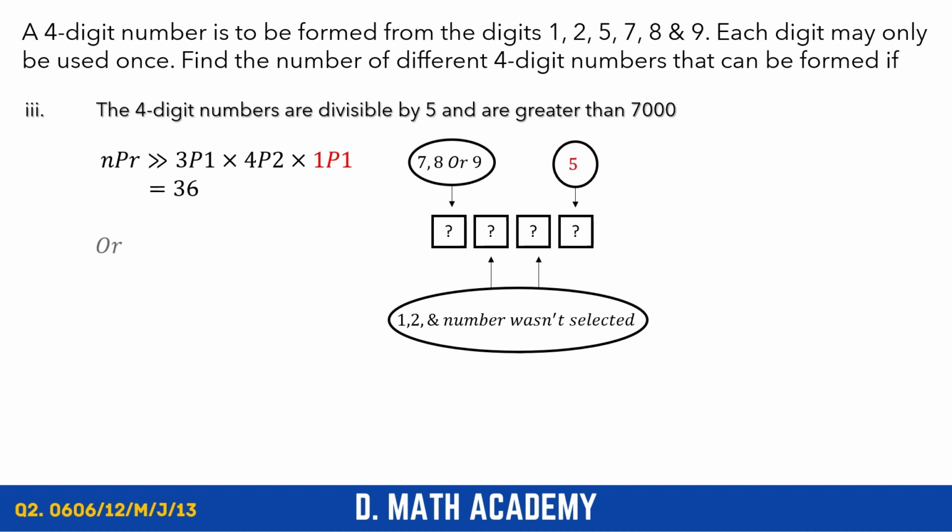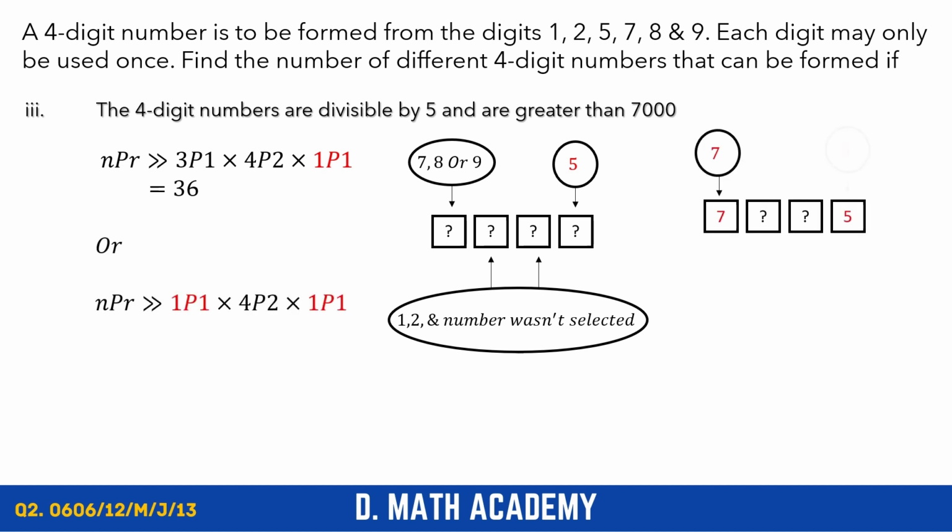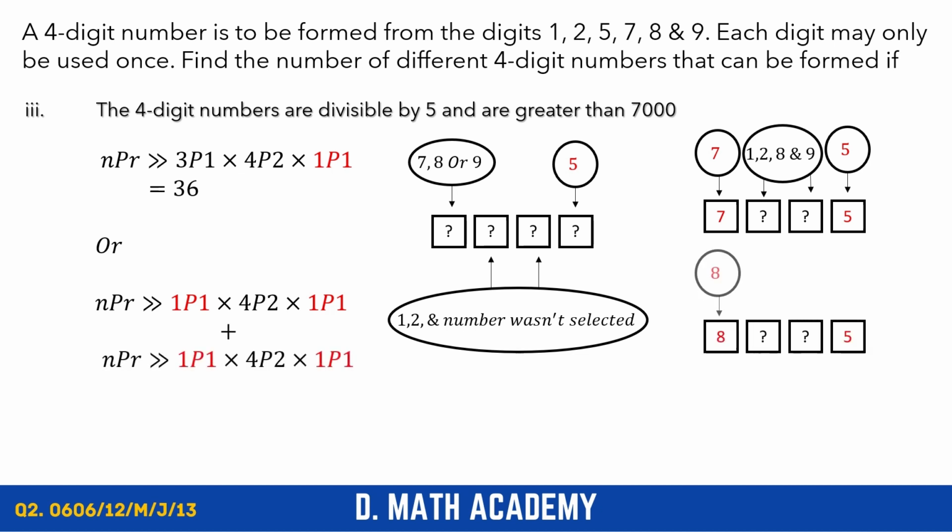I listed down when I selected 7 as the first number and 5 as the last number. So I put 1P1, 1P1, and the center part will be 4P2, because we have 1, 2, 8, and 9. I listed the details over there. You can refer to it and get this question sorted out.